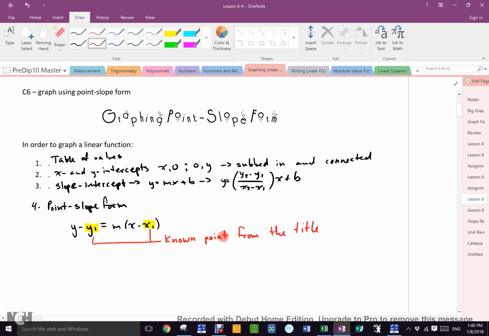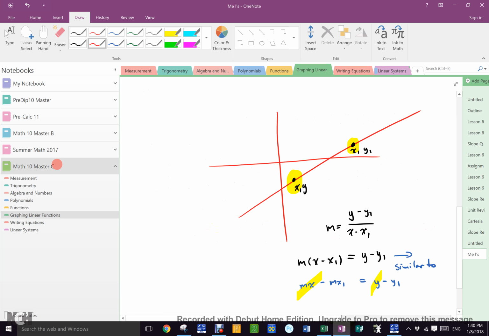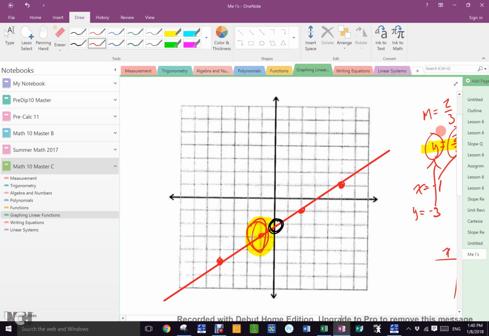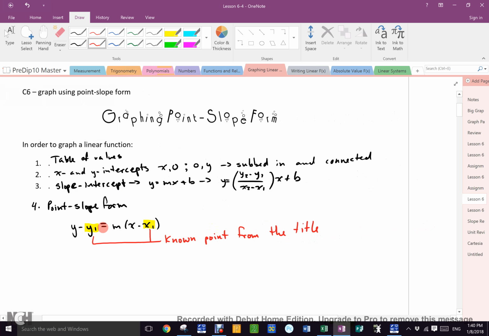Okay? So think back to what Leighton said back here. Leighton said, well, Mr. Myers, we can use any of these points to sub into slope-intercept form and work it out, right? So any of those points will work here. Is everybody with me?